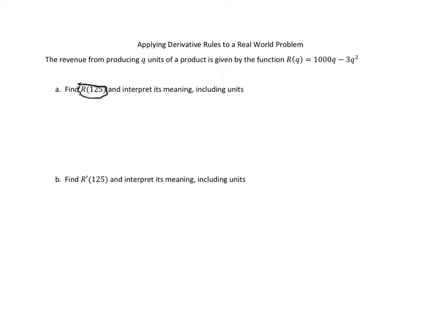Notice that for this value here, R of 125, we are plugging 125 into the revenue function, into the original function. So R of 125 would equal 1000 times 125 minus 3 times 125 squared.